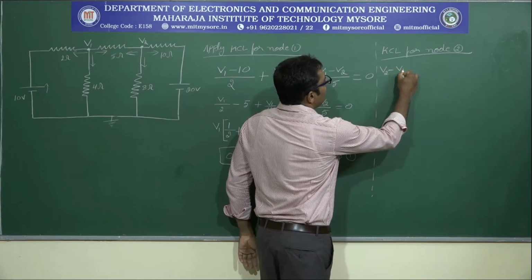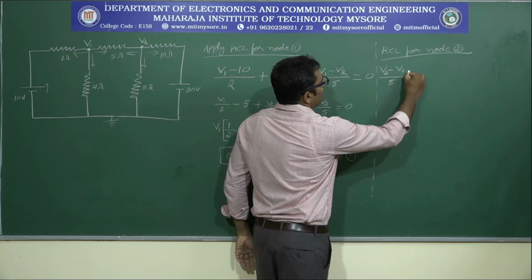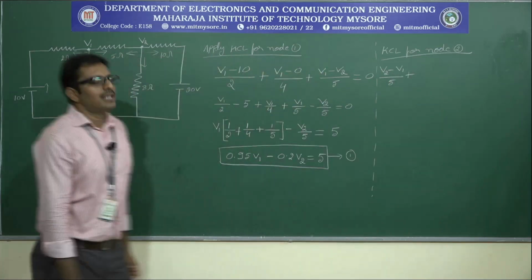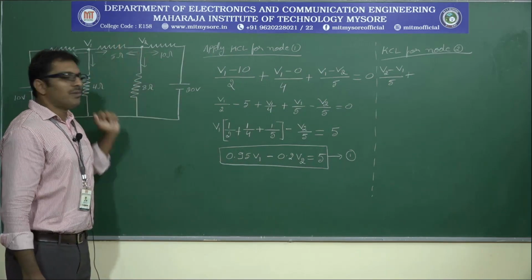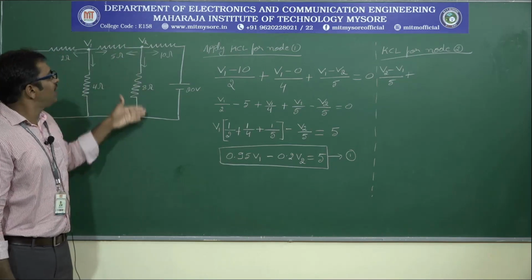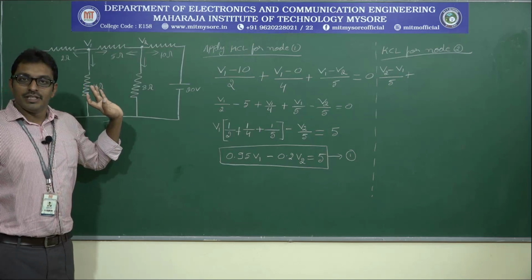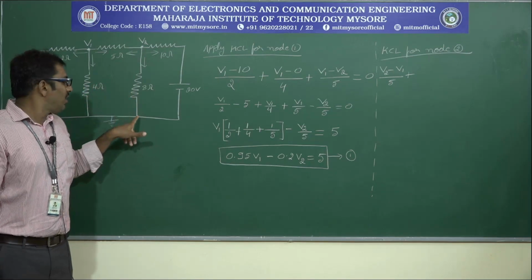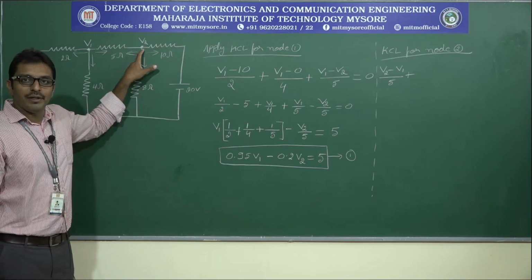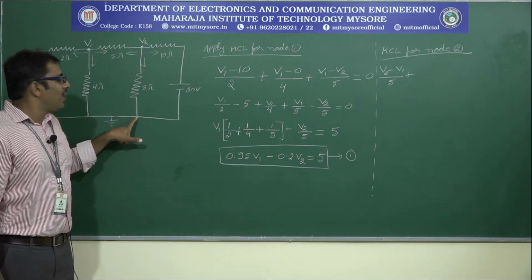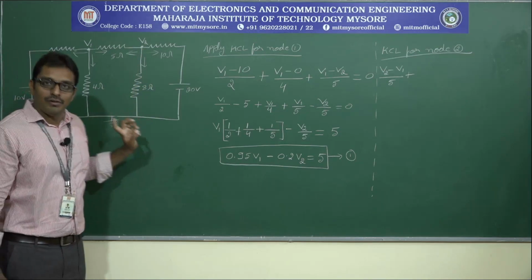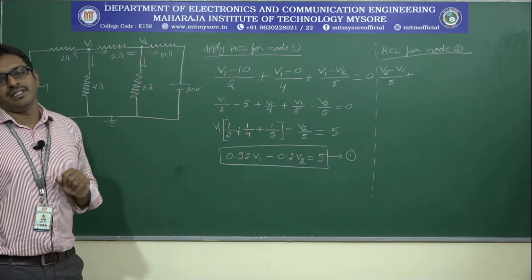Now V2 minus V1 divided by 5, plus. So what is the current in the 8 ohm resistor branch? Current in 8 ohm resistor is V2 minus 0 divided by 8. Why is it 0? Because one end is connected to V2, another end of the 8 ohm resistor is connected to ground, I mean that potential is 0.